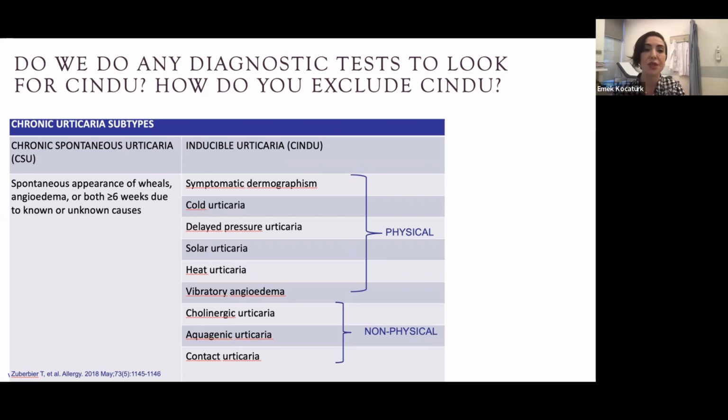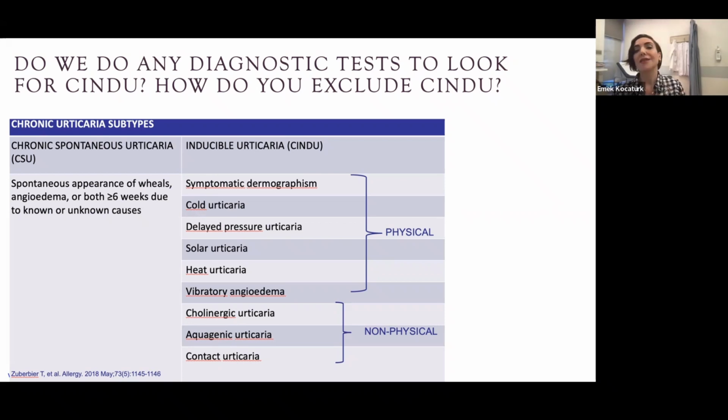These inducible urticarias are different from chronic spontaneous urticaria because they need a triggering factor for the wheals to come out, like stroking the skin in symptomatic dermographism, or cold air or cold objects in cold urticaria, delayed pressure urticaria, solar urticaria, heat urticaria, vibratory angioedema. We have many types of physical inducible urticarias and also cholinergic, aquagenic, and contact urticaria. These are the non-physical inducible urticarias.